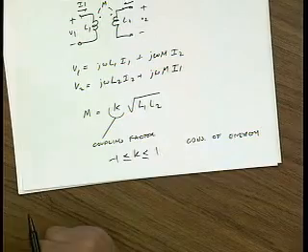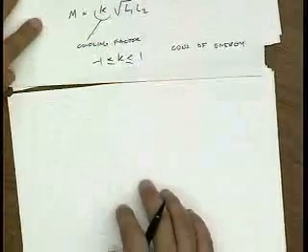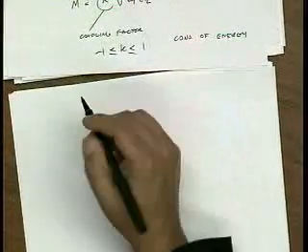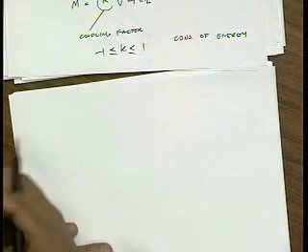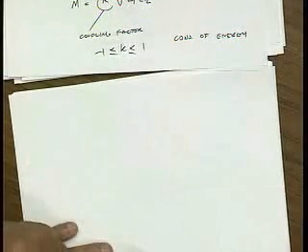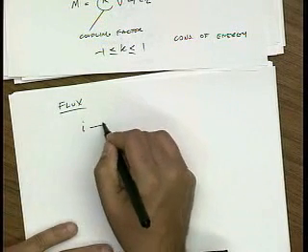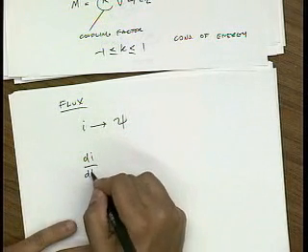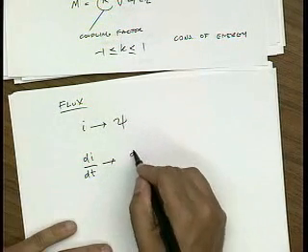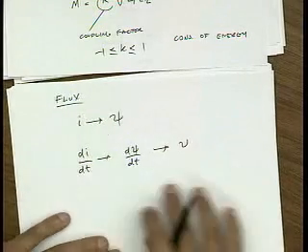Now, the way that inductors actually work, one way to look at them is through the concept of flux. Flux plays the analogous role as charge does in electrostatics. In magnetostatics, if you have a current, it generates a flux, and if I change the current, that changes the flux, and changing the flux gives us a voltage.